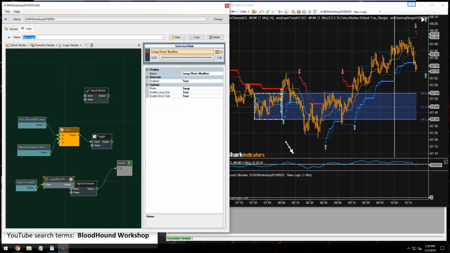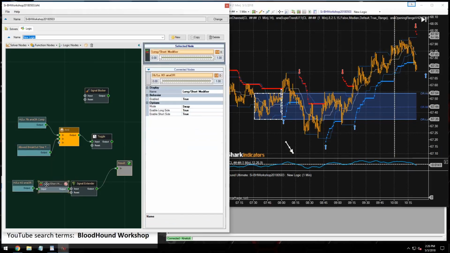So I could take this function node, and the mode I want to use is addition. So this long short modifier is going to generate both a long and a short signal.